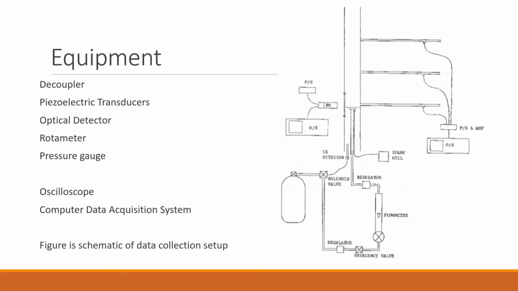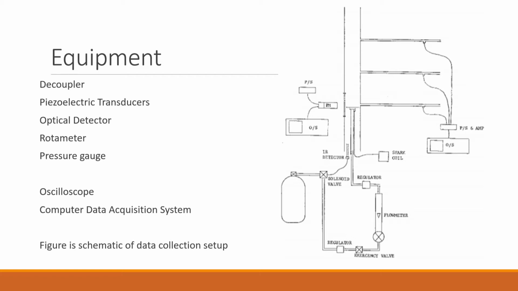The decoupler was just explained before as a muffler and connection to ceiling exhaust, but a simulated open end to the pipe. Piezoelectric transducers are acoustic pressure transducers fitted to the tube at three locations: the center of the tube and near the centers of the upper and lower ends of the tube. They are used to monitor pressure fluctuations by translating the pressure into proportional voltage.